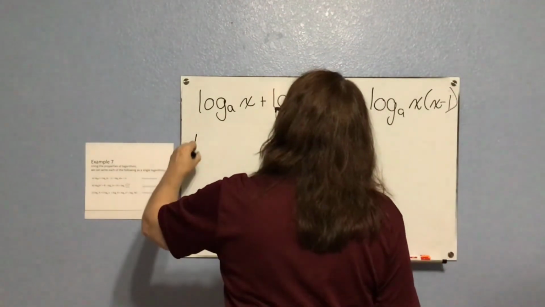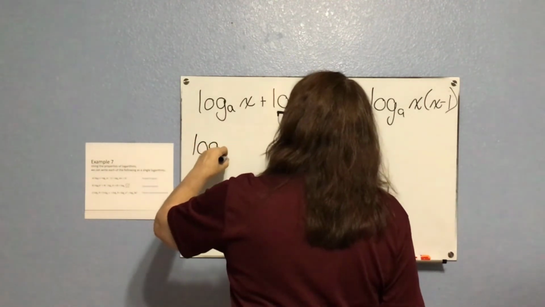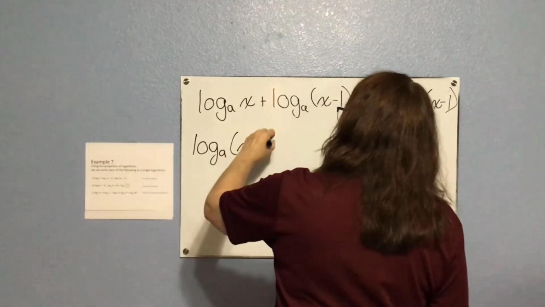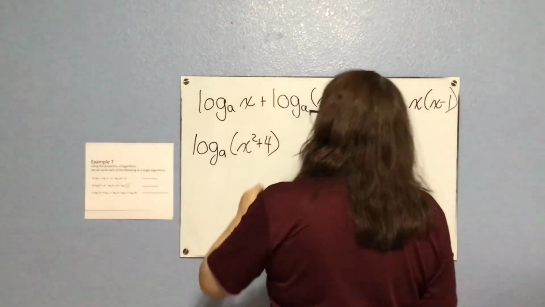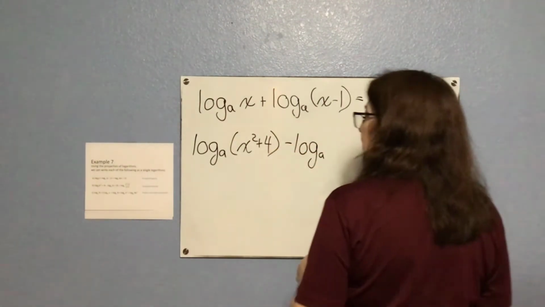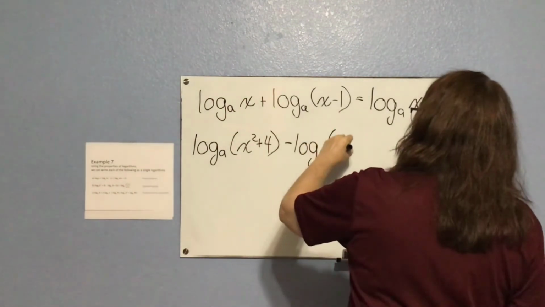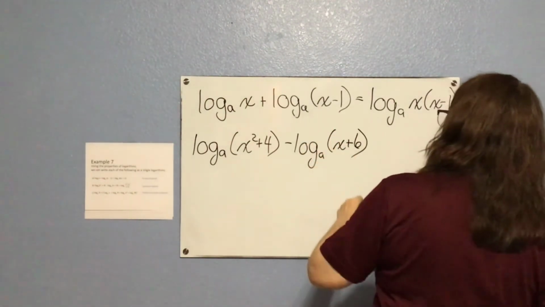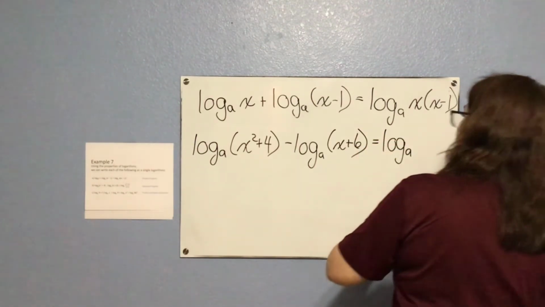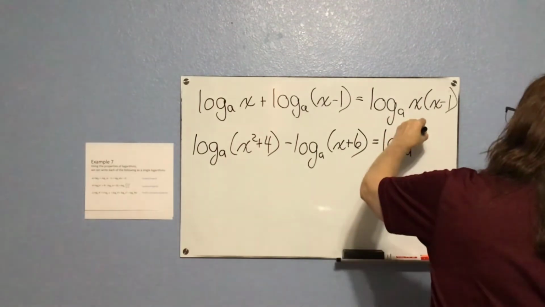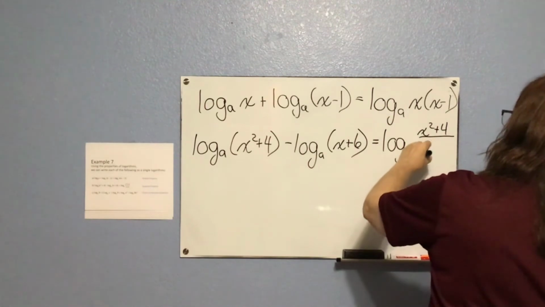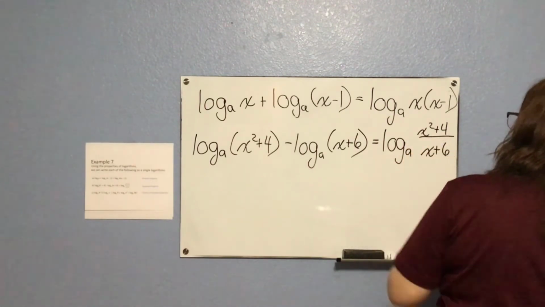So if I had log base A of x squared plus 4 minus log base A of x plus 6, I could rewrite that log base A, and now I'm going to divide x squared plus 4 over x plus 6.